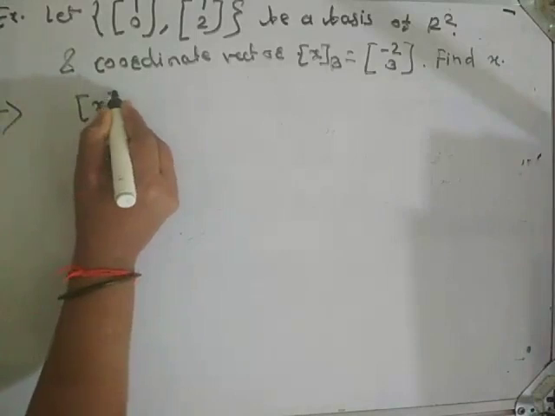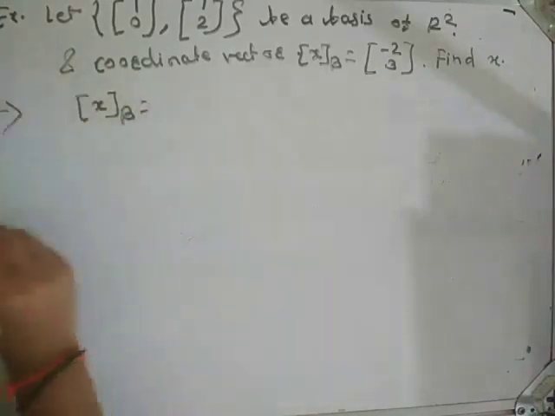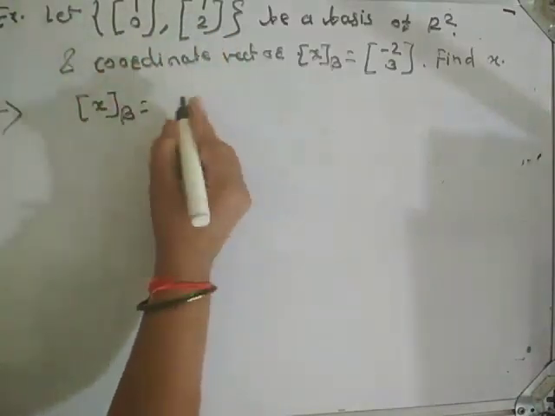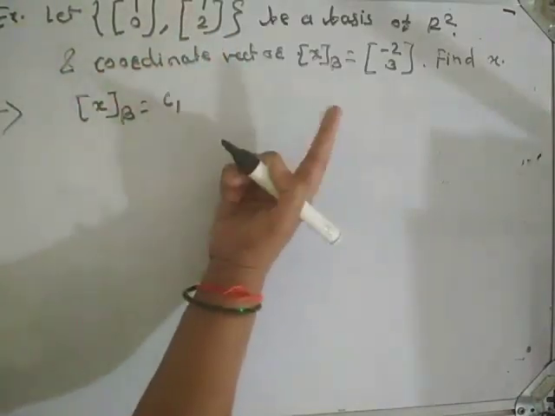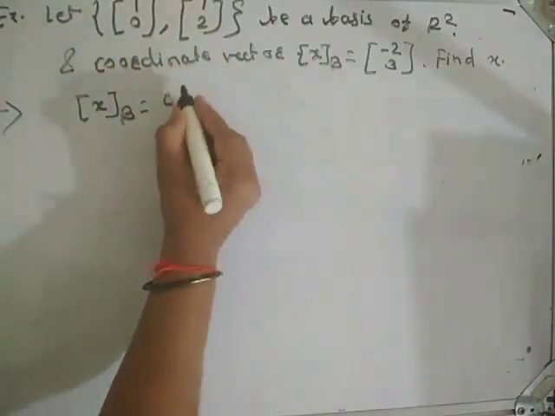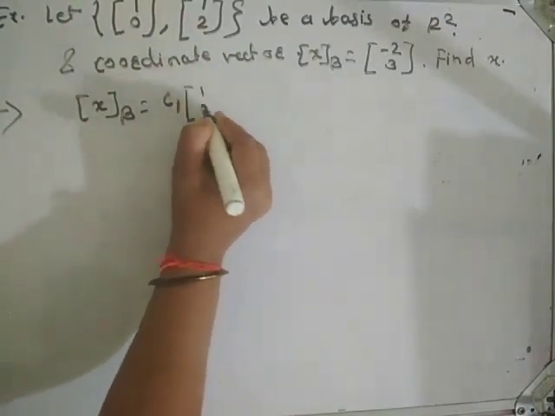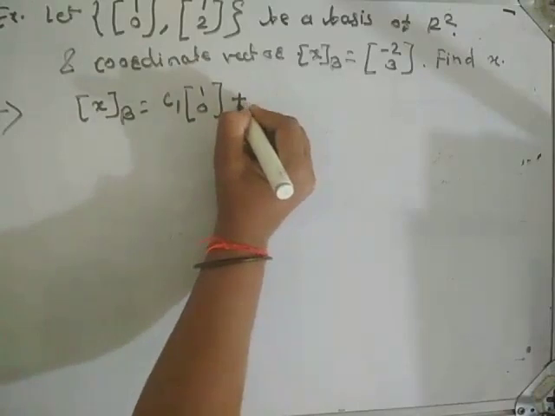The coordinate vector of X relative to the basis is nothing but, here there are two vectors, so there exist two scalars C1 and C2, such that X is C1 into 1 0 plus C2 times the second vector.